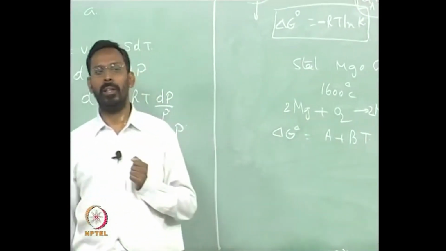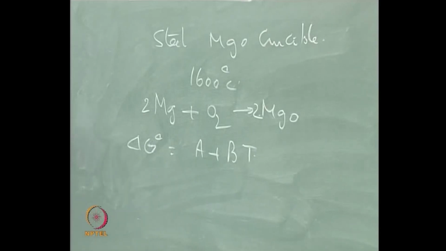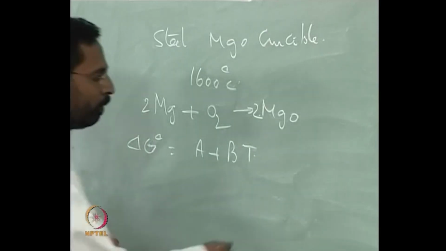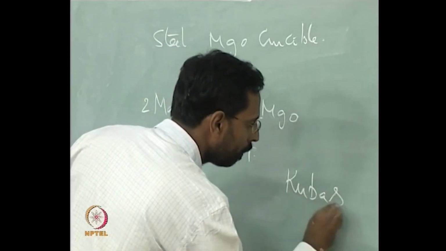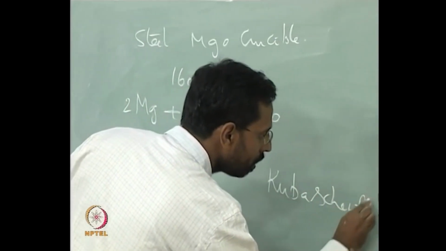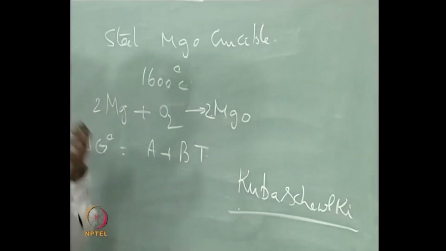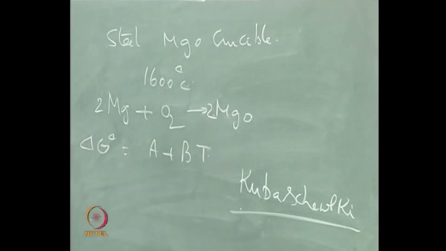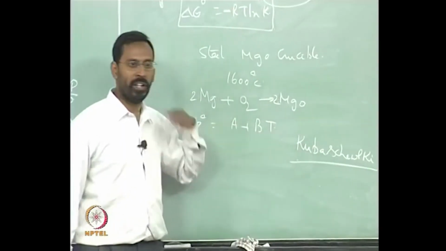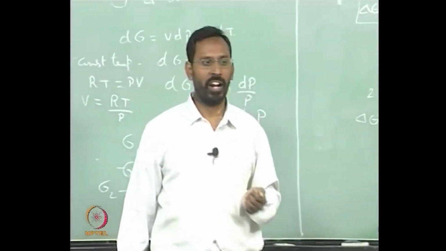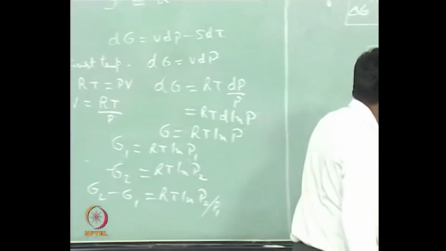For example, one of the good ones is what is called Kubaschewski. It is a book on thermochemistry, which gives you, towards the end, so many appendices, and each appendix gives the values of A and B for various such reactions.